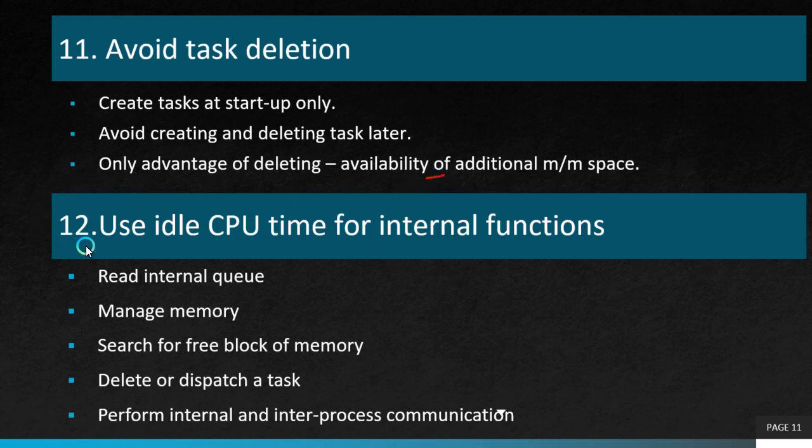The 12th design principle is use idle CPU time for internal functions. We know that a CPU is said to be in an idle state if it is not performing any task.